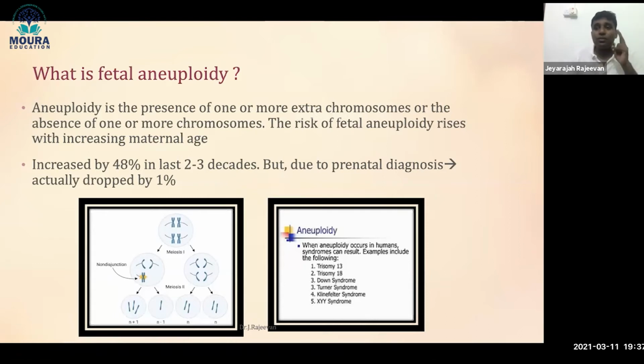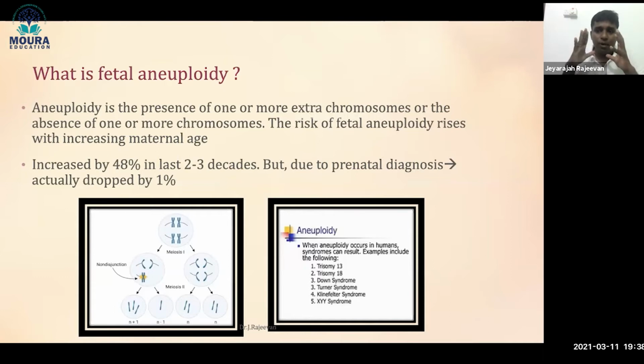So now we have talked about two tests. One is the diagnostic test, another one is the screening test, right? We are doing this screening test for each and every woman, and with this screening test we are identifying the high risk population. Then among those high risk population we are doing the diagnostic test.